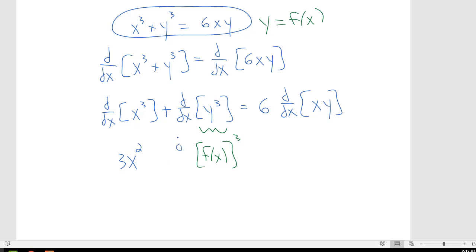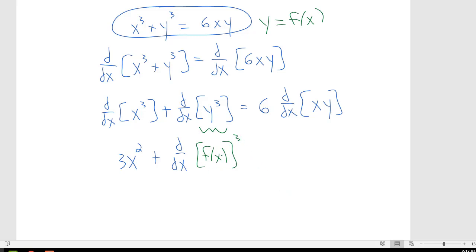So let me flip back to blue here. I'm finding the derivative of y cubed. Now when I do that derivative, this is a chain rule. So the outer function is the cube, the inner function is whatever this equation is. This could be sine of x, so this could be sine of x cubed. This could be e to the x cubed.